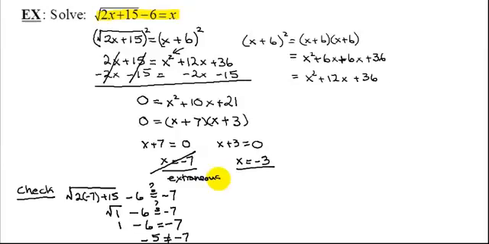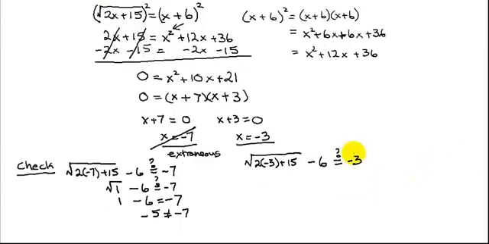So now I know that one of the solutions I got was extraneous. Now I need to check my other solution. Does the square root of 2 times negative 3 plus 15, remember all that's underneath the radical sign, but the 6 is not, minus 6, equal negative 3? Might need to scroll down a little bit. 2 times negative 3 is negative 6.